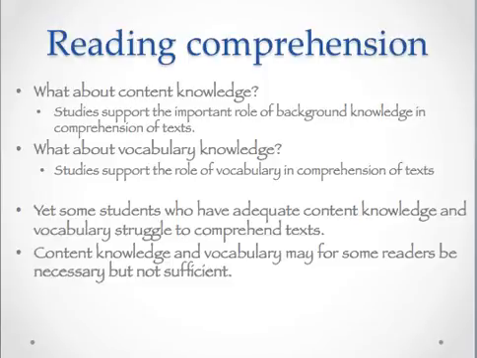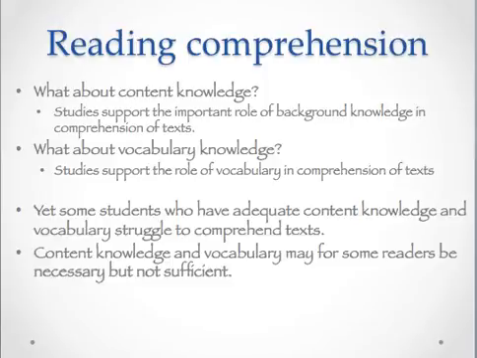What about vocabulary knowledge? We've been talking a lot about how important word meaning is, and that kids get caught up on individual words. If you don't know the meaning of the individual words, it's very difficult to put together and understand a passage. However, just as decoding is necessary but not sufficient, just as some level of fluency is necessary but not sufficient, content knowledge is necessary but apparently not sufficient, and vocabulary is apparently necessary but not sufficient.